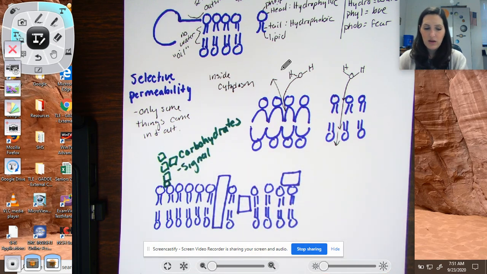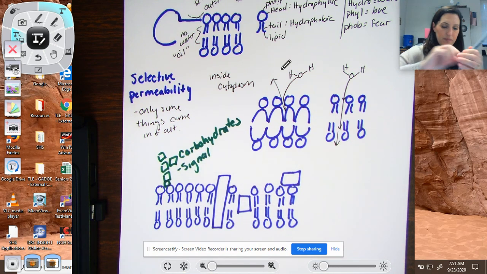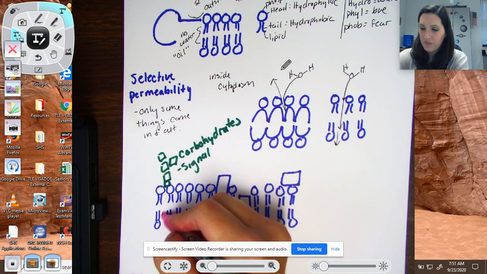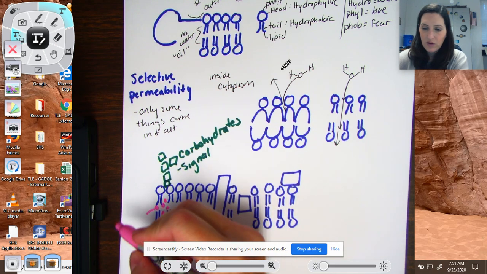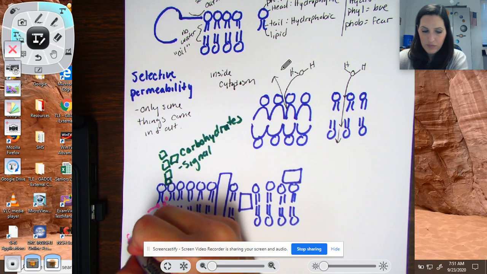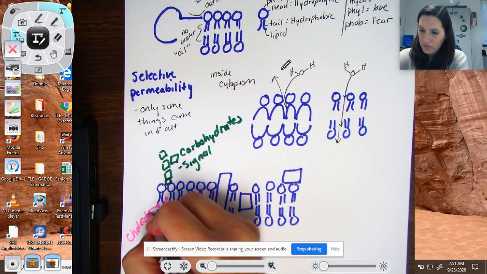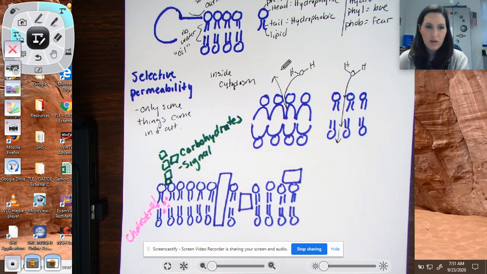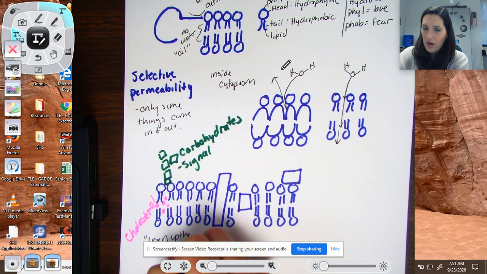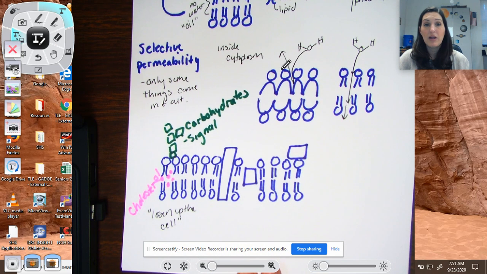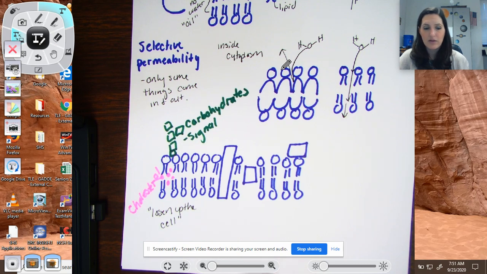All right, the other thing that is very important in here, I'm going to use a different color, is inside here. This is cholesterol. Cholesterol's job is to loosen up the cell. Cholesterol is a fat.